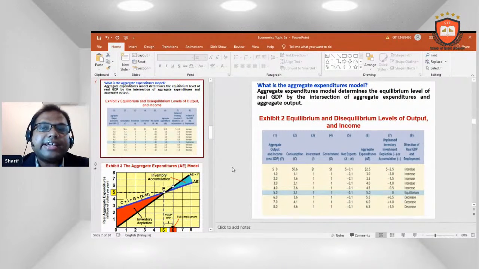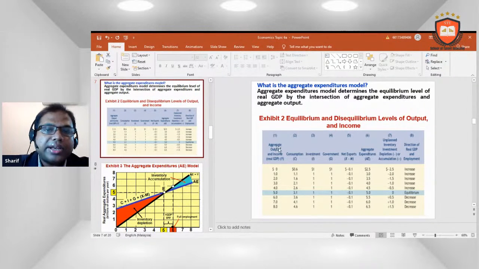What is the aggregate expenditure model? The aggregate expenditure model determines the equilibrium level of real GDP by the intersection of aggregate expenditures and aggregate output. So this is the equilibrium level of output and income.